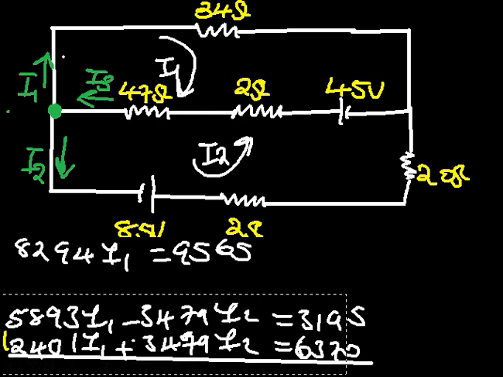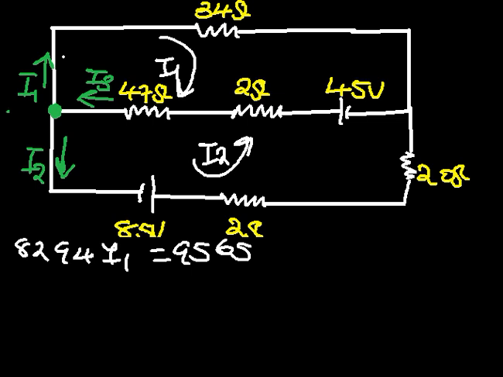Then we should just make I1 the subject of the formula there. So in this case, we'll have I1 is equal to, then I'll have it as 2.